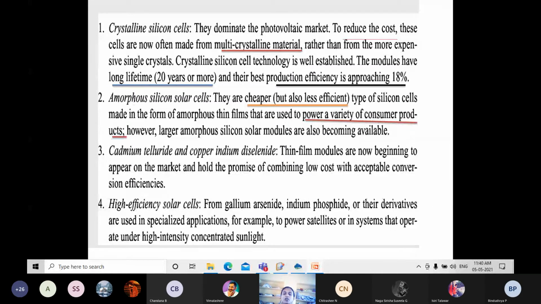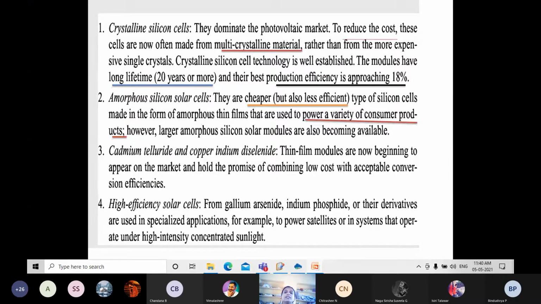Okay, crystalline silicon is dominating the photovoltaic market, and to reduce the cost, these cells are made from what? Made from multicrystalline material, so the name is crystalline silicon cell.